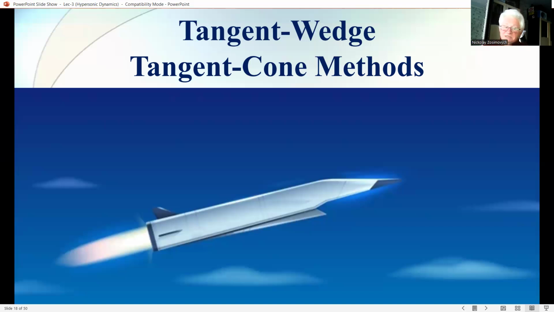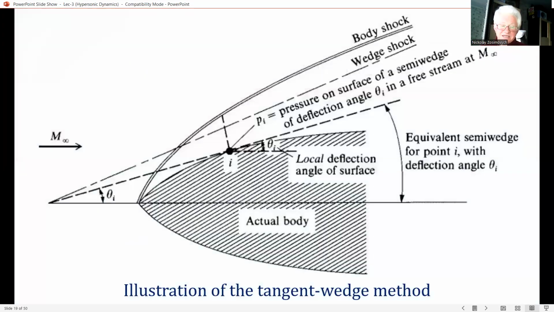The Newtonian theory discussed in the previous lecture was one such example. The tangent wedge and tangent cone methods presented in this module are two others. So let us consider first the tangent wedge method, applicable to two-dimensional hypersonic shapes.